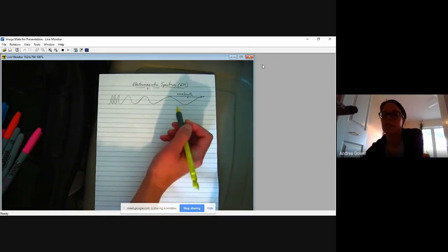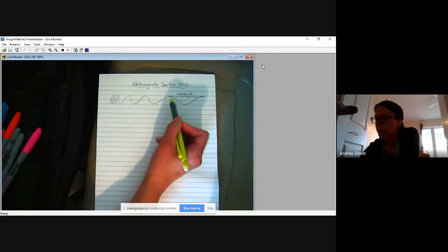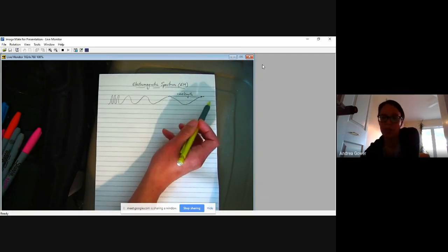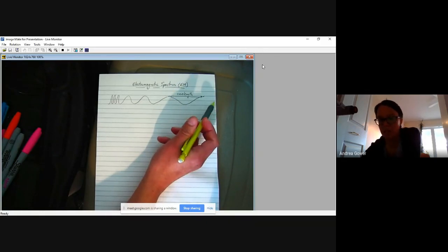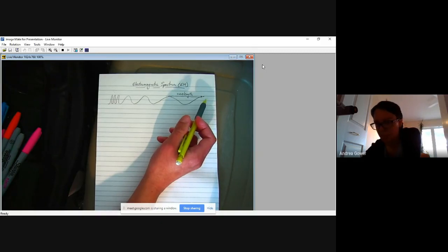So it's basically the distance from the top point of one wave to the top point of the other wave. You can also go what we call trough to trough, so bottom to bottom. So from one point to the same point on the next is what we call a wavelength.